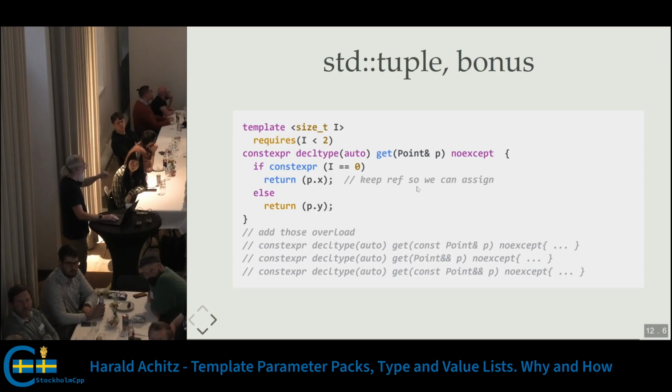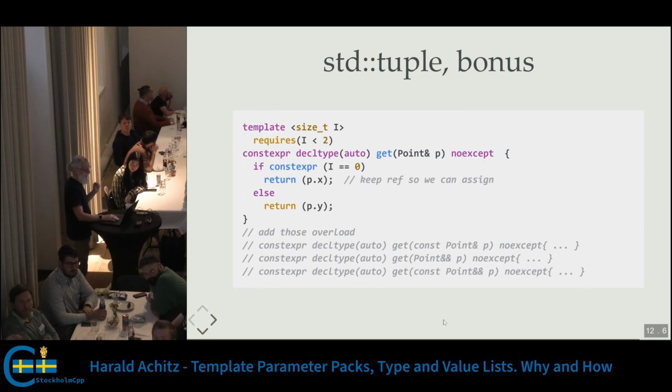You want to say get to tuple equals, like I did it on the grid with the array. And then you have the constexpr where you go by the index and you just return the stuff in brackets to not get rid of references. And you need to overload this for the const and the rvalue reference.